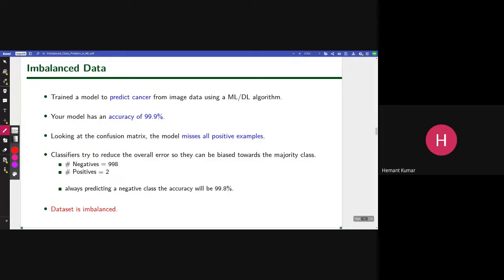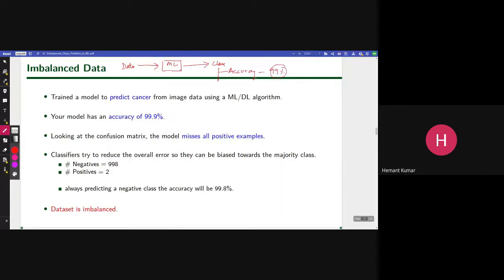So basically, a machine learning model takes data and gives a result or class, and we find the accuracy, assume that it is 99%.